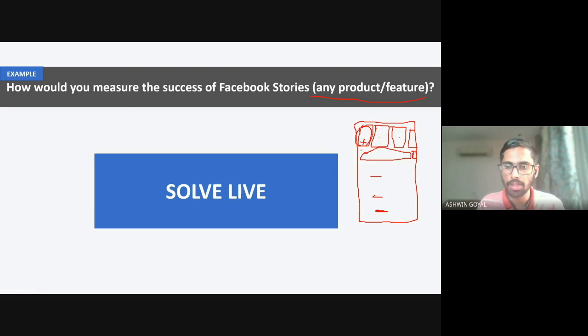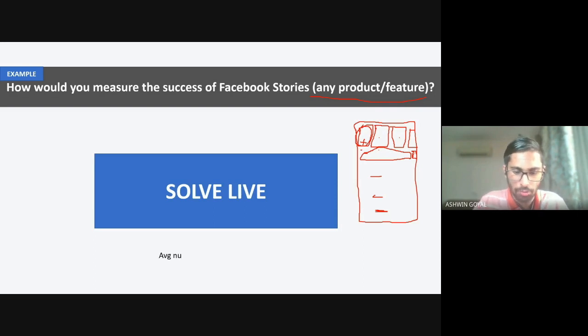How many friends? So you need to write this properly. I'll just write this down here. You should write average number of people watching stories per day, or you should write average number of stories watched by one person per day.